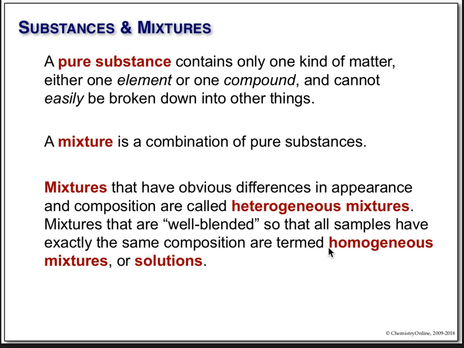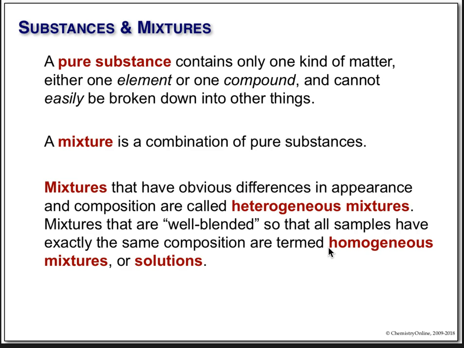The other type is a homogeneous mixture. If you dissolve something, dissolve sugar in tea, for example, they're still separate. It's still sugar, it's still water with this flavoring in it, but you could separate the two.